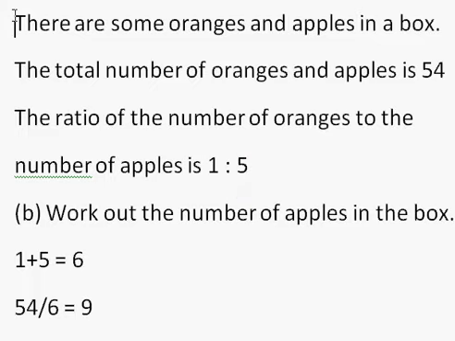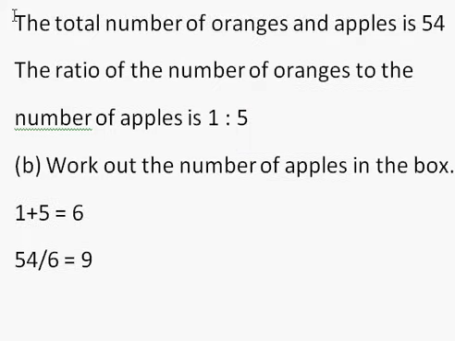The number of oranges is 1 for every 5 apples. We need to find out the number of apples, so we multiply 9 by 5, and that equals 45. And that's our final answer.